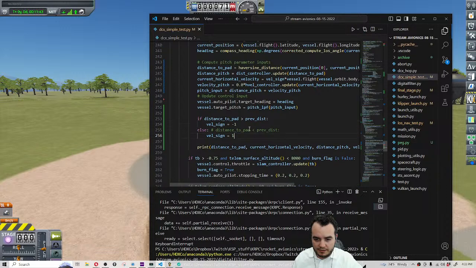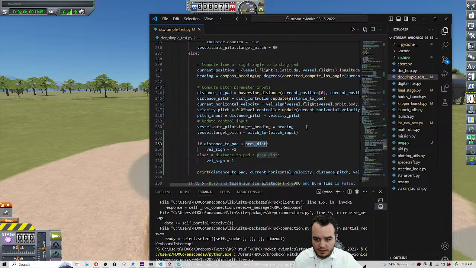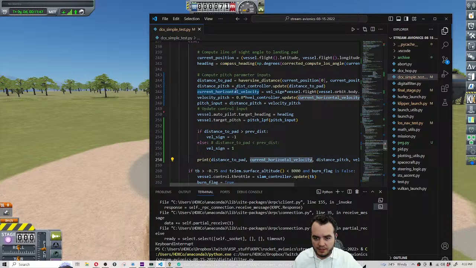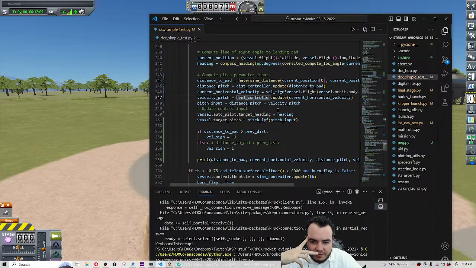All right. Yep. So now our current velocity should be reflected by the sign. We can now get our velocity pitch involved as our damping term. And that should now be in our pitch input. And I think this actually might need to be negative, because we want it to pitch down if it's positive, right?